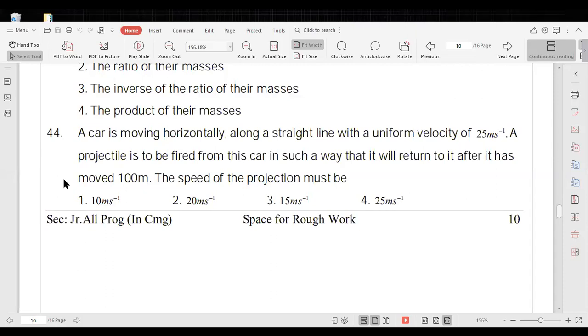From this, one projectile is thrown at a certain angle with the direction of motion of the car. After the car has moved a distance x equal to 100 meters, the ball is thrown such that it reaches the car, because when thrown like this, it travels along a parabolic path and, after the car reaches its position, again falls into the car. In such a way, the stone is thrown.